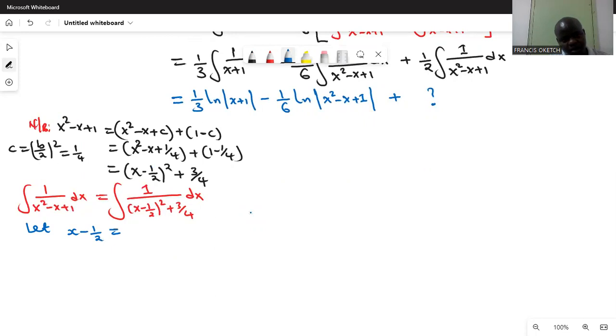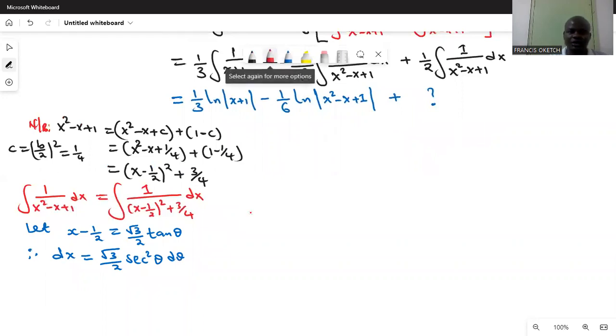Our a here is root 3 over 2, so a tan theta. So what about dx? When I differentiate, I get dx is equal to root 3 over 2 sec squared theta d theta.